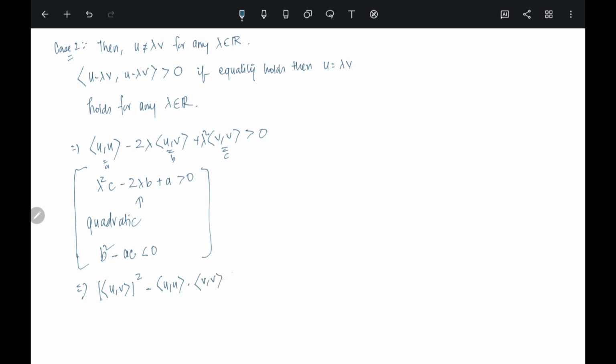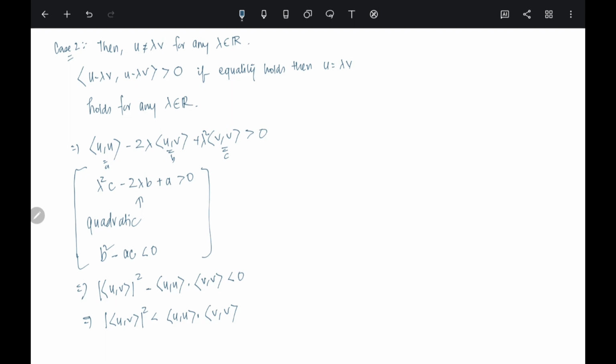So this always has to be negative. What does that imply? It implies that the modulus of the inner product of U and V, squared, is always dominated by the inner product of U with itself times the inner product of V with itself. Sorry, equality does not hold here.